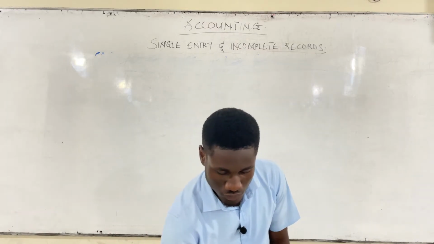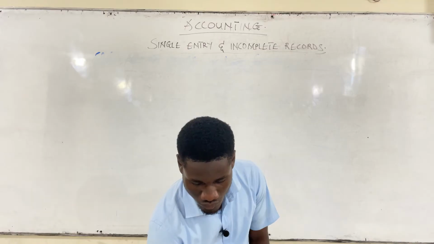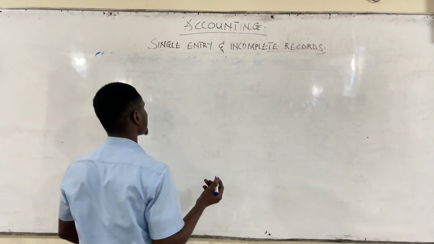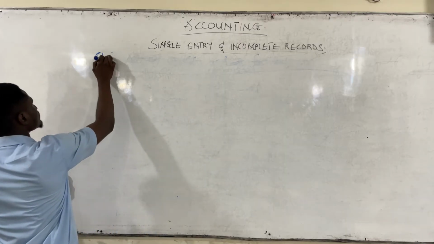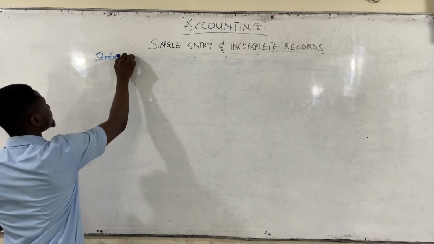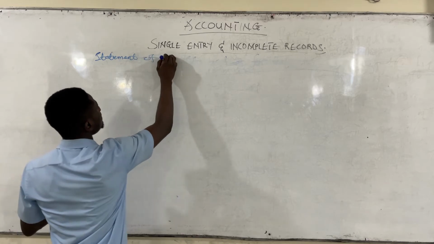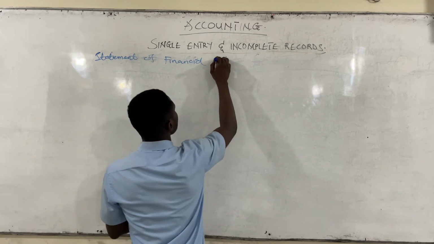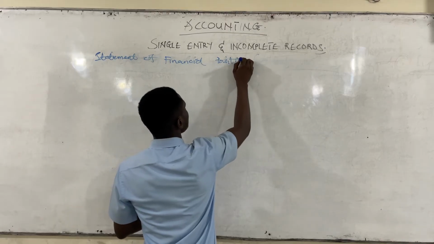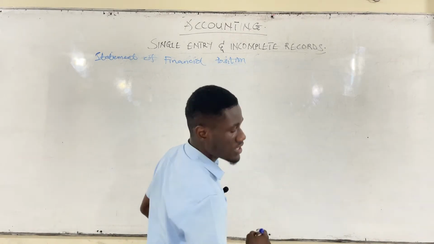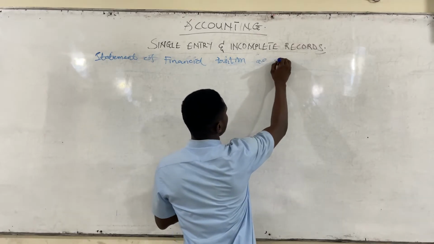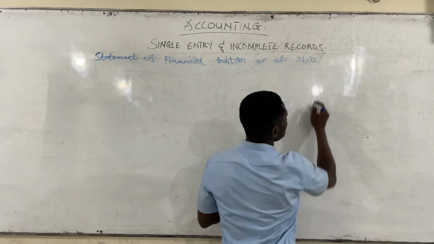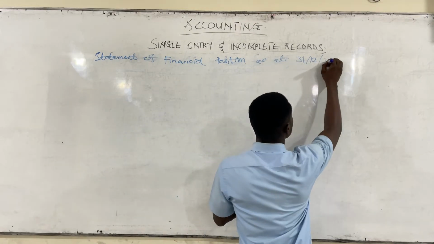Okay, so with our statement of financial position, we already know the format. Statement of financial position as at 31st December 2021.